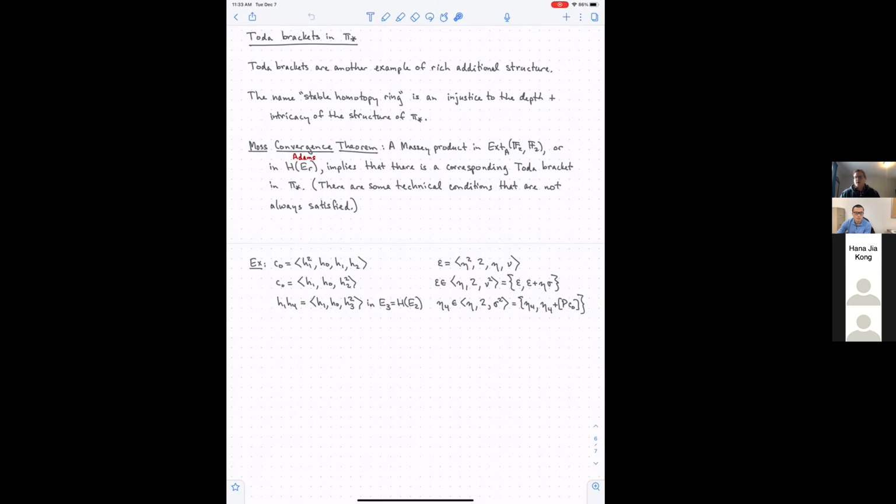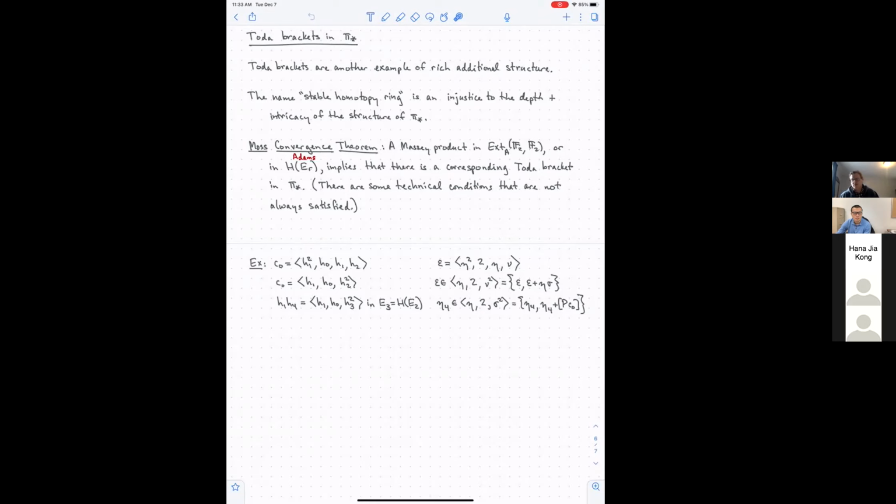But it's more context: we use Massey products in an algebraic situation, and total brackets in a homotopical situation, but they're not really any different. It's just context. Okay, so the total brackets are another example of this rich additional structure that we've been talking about throughout this mini course.